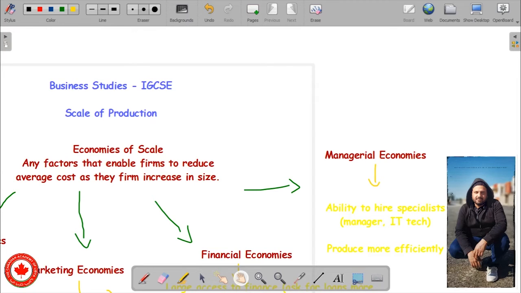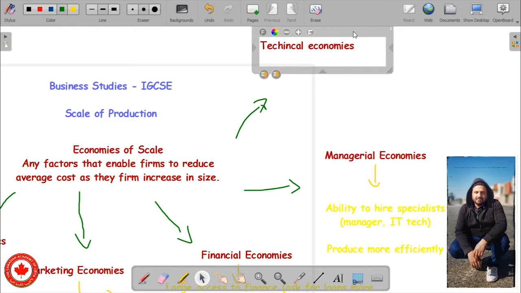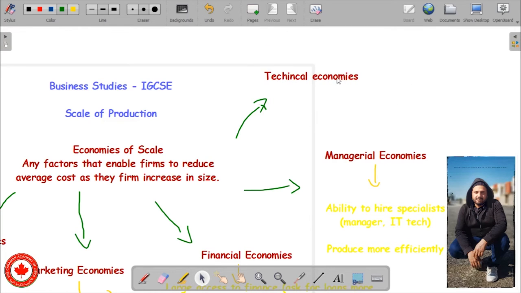The last economy of scale is something called technological economies or technical economies. Technical economies talk about the idea that large companies are able to access machinery for the production process.